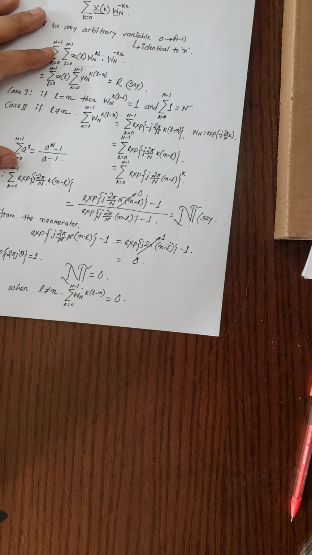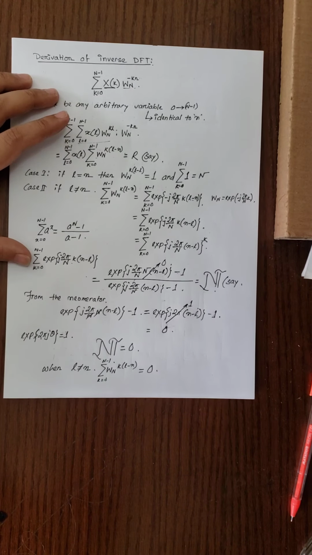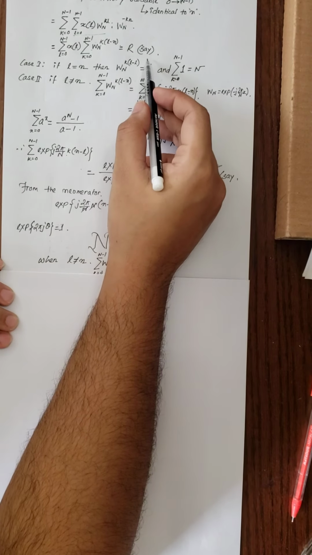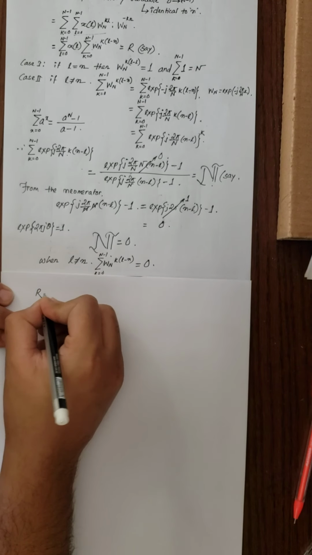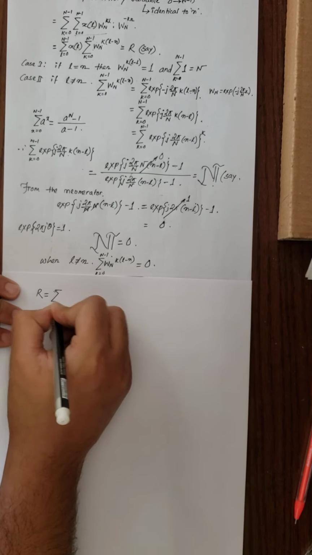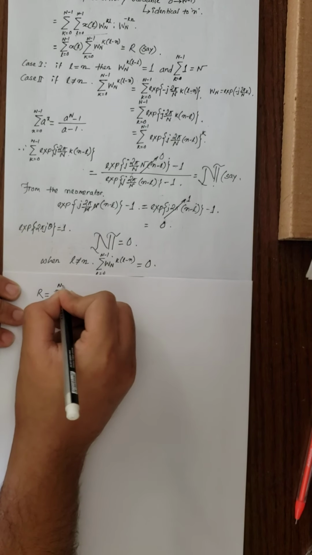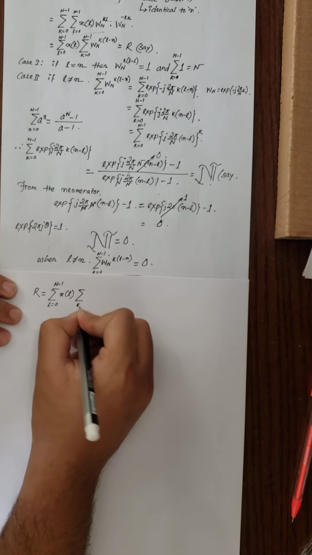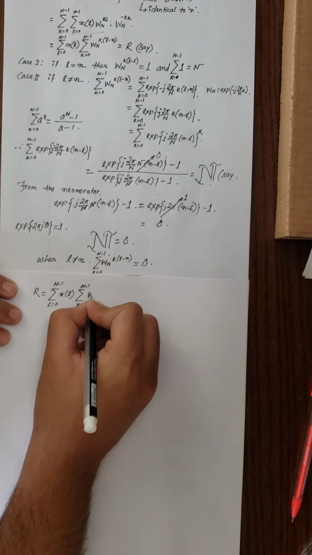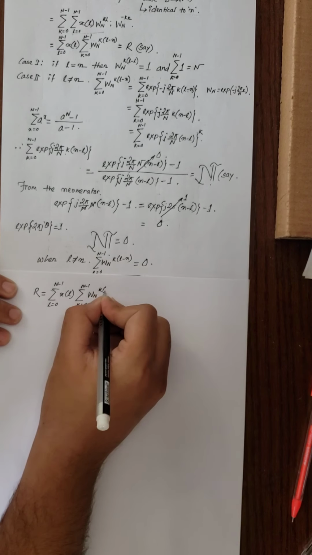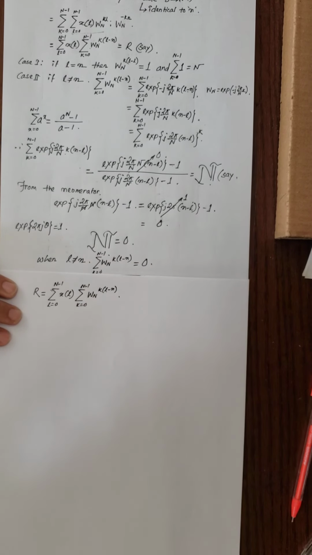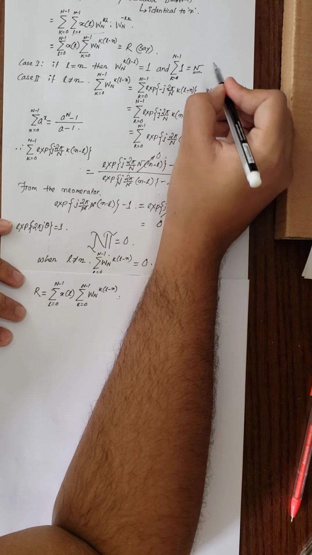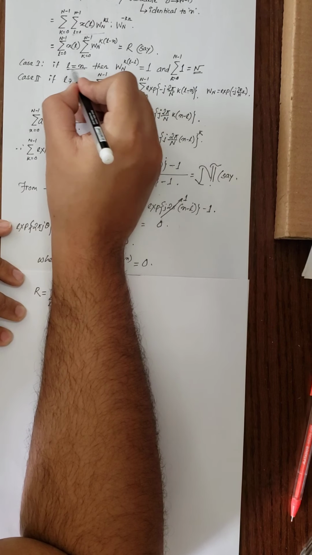I hope this is clear. Now returning back to R, in this case, which is the summation of L from 0 to N minus 1, x[L] times the summation over k from 0 to N minus 1 of ω_N to the power k(L minus n), will only have one value which is equal to N, and only for the condition when L is equal to n.